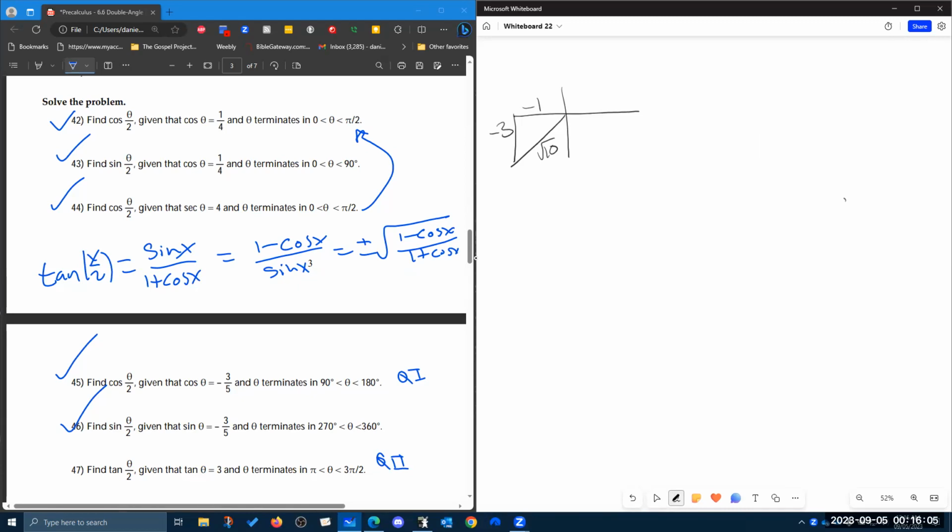Let's go ahead and pick this one, where sine is 3 over root 10 and cosine is negative 1 over root 10. So we're going to want to multiply by root 10 over root 10.